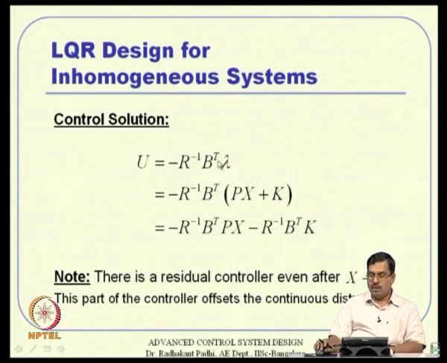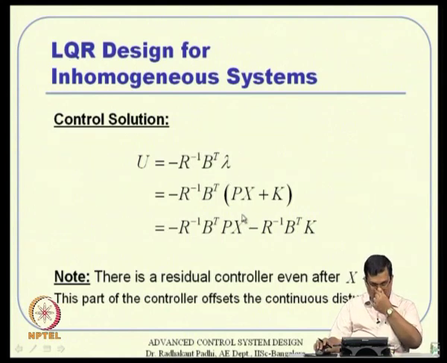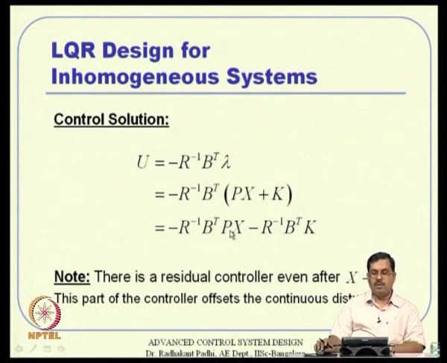If you see carefully, this u has a proportional term like the earlier LQR controller, but it has a bias term also basically. So, there is a residual controller which will naturally remain even after x goes to 0, and this residual controller part tries to offset the continuous disturbance c, that is the meaning actually. So, that is the way to handle this.